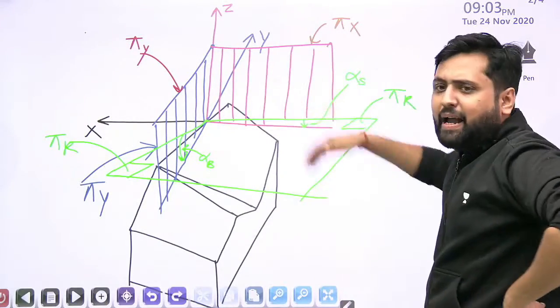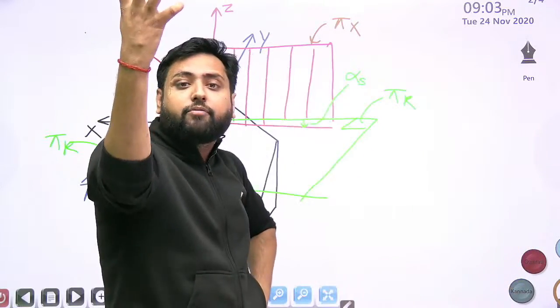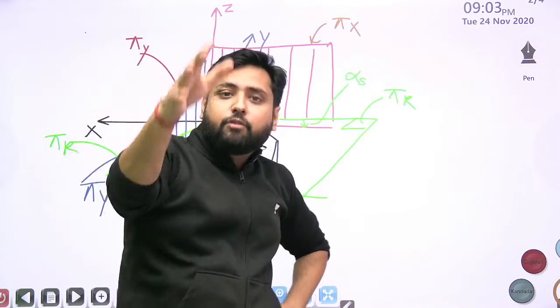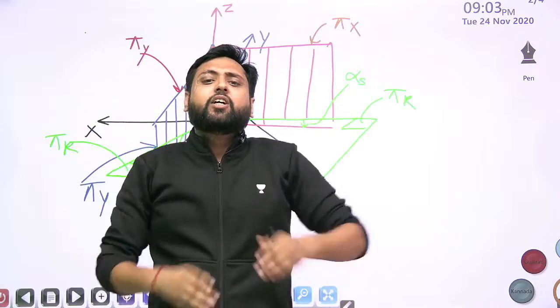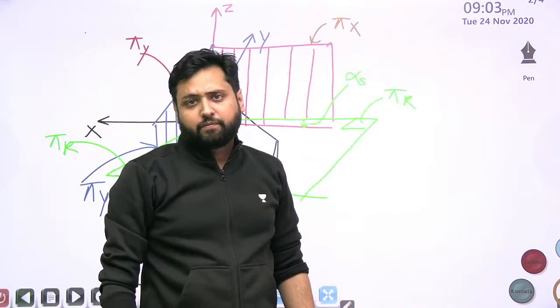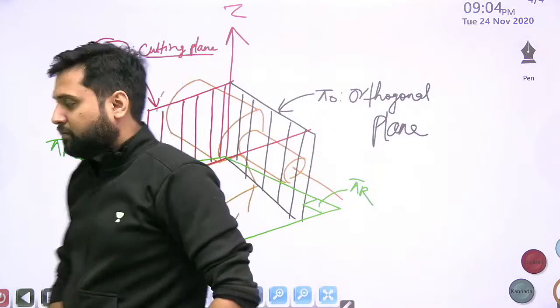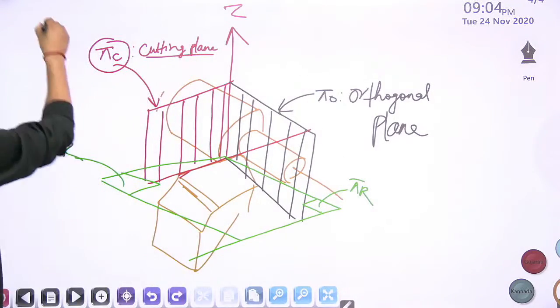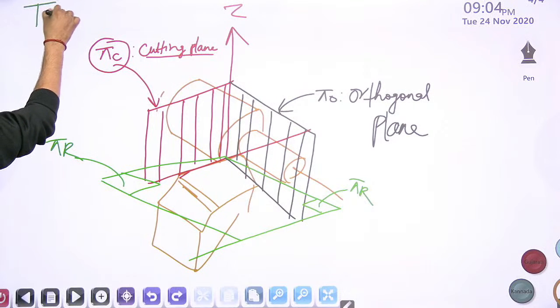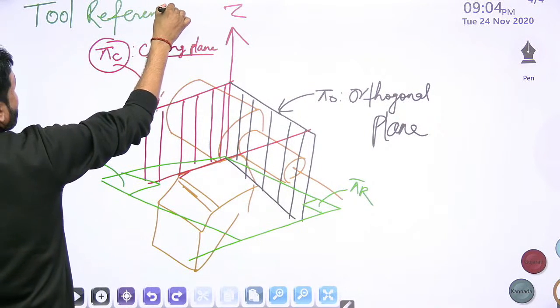So how can you use the back rake angle and side rake angle for force analysis? There came the need for a system in which the planes are exactly along the cutting edge or perpendicular to the cutting edge. That is the system I have shown you here, and this is what we call the tool reference system.